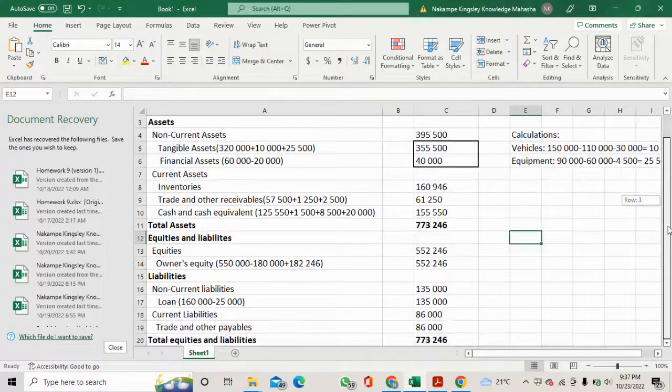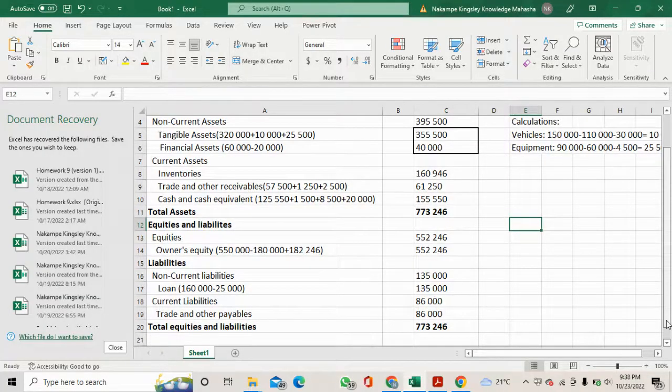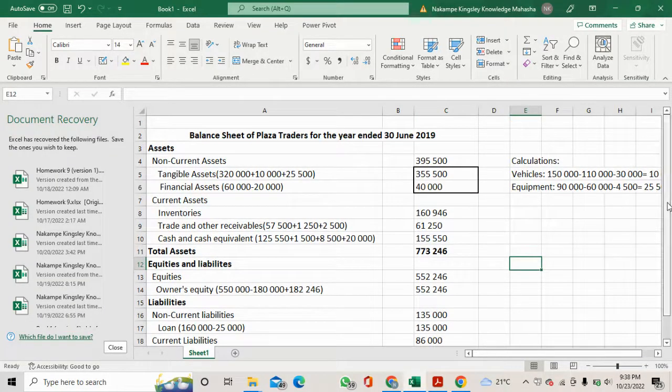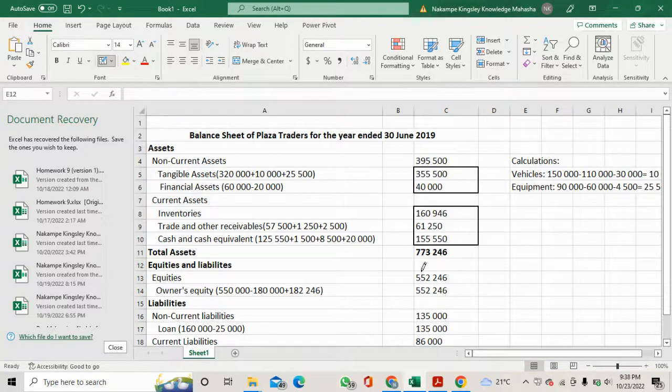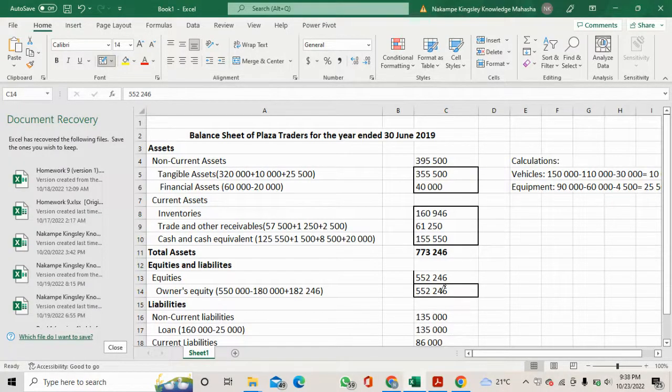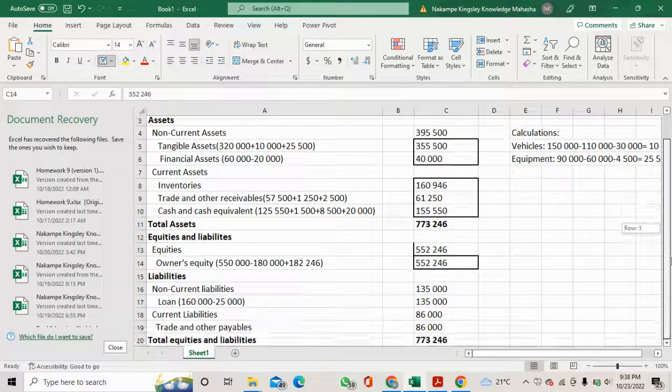So guys, this is how you do the balance sheet. Now your balance sheet, or your statement of financial position, does balance. This is what I had for you for today. This is how we were supposed to have done the question.